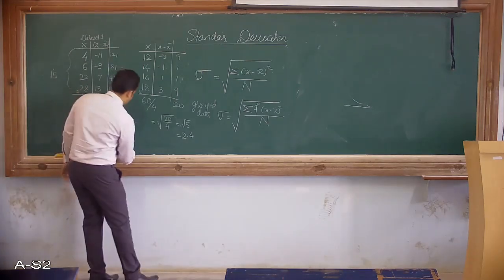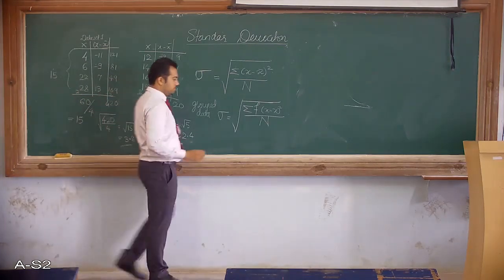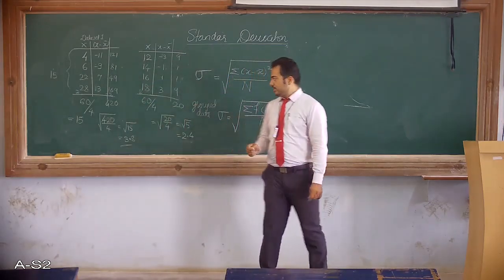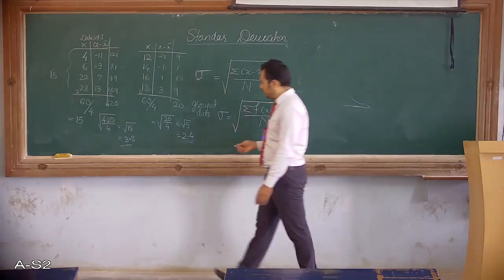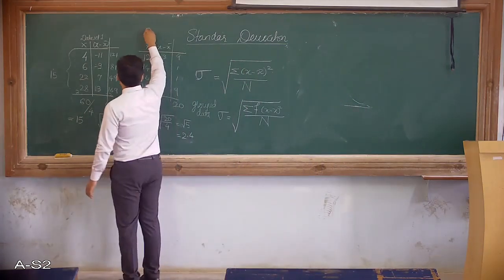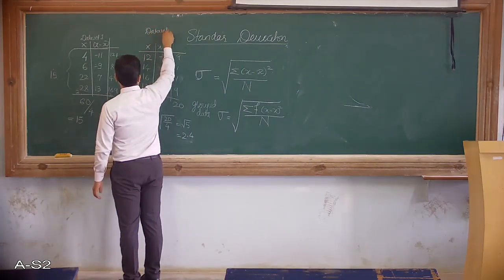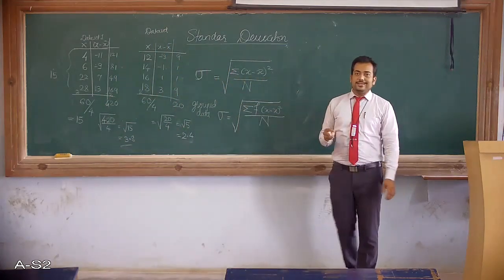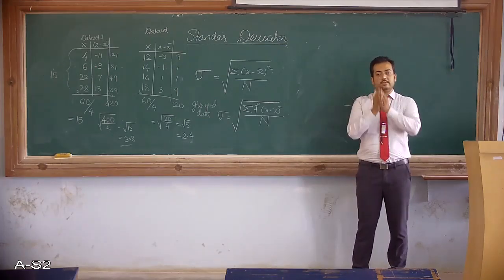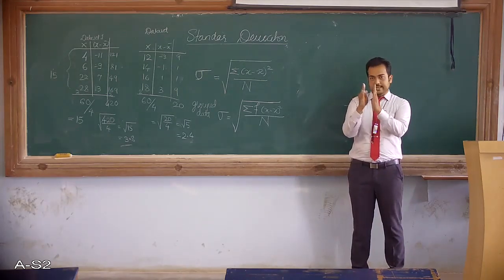So the standard deviation values are here this way. Dataset 1 has got 3.8 and dataset 2 has got a standard deviation of 2.4. The meaning is that the first dataset is having more deviations from the arithmetic mean as compared to the second dataset.